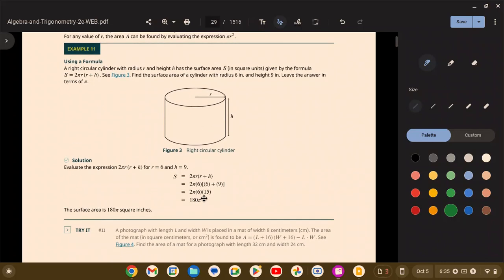So evaluate. S equals 2 pi (r plus h). That's constant, in terms of the real cylinder.